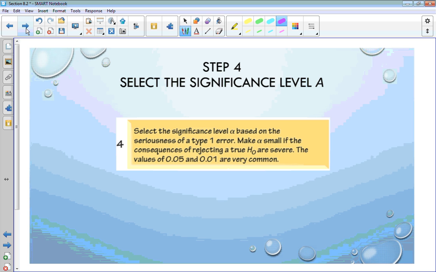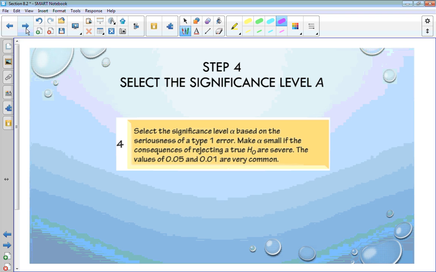So our next step is selecting the significance level, and that is how small of an area I would be considering what we think of as critical areas or unusual areas. So we're going to call that alpha, and that's going to be based on the seriousness of a type 1 error.